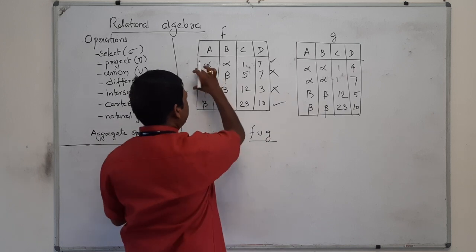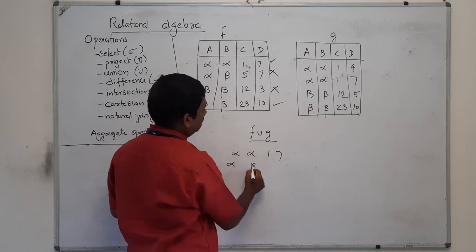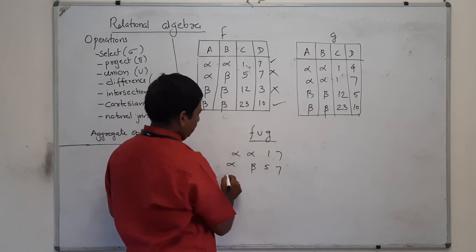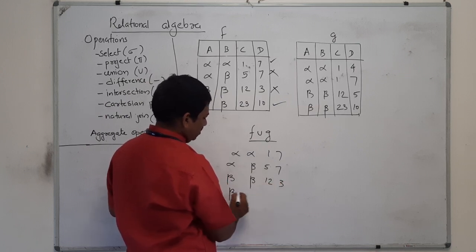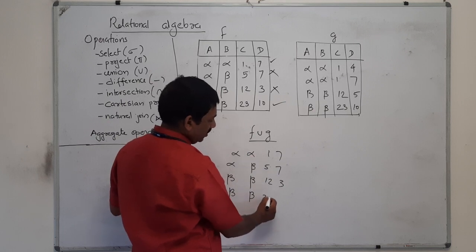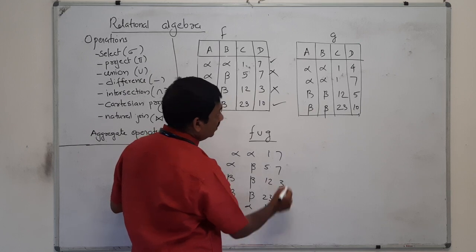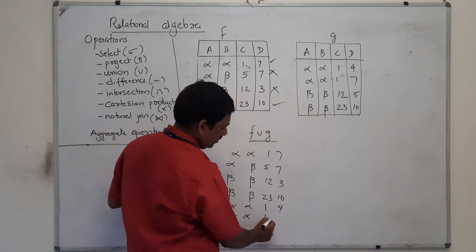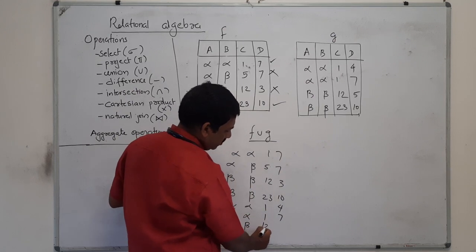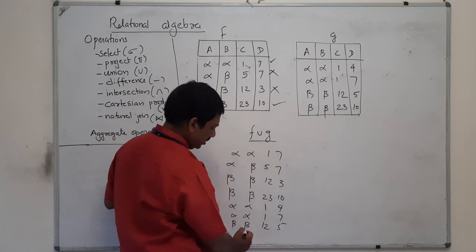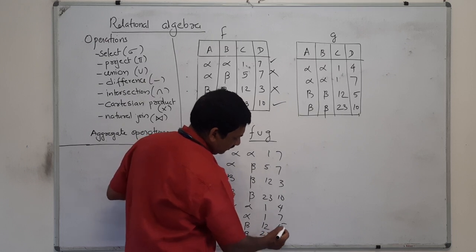That means here four tuples are there: alpha alpha 17, alpha beta 5 7, beta beta 12 3, beta beta 23 10, and alpha alpha 14, alpha alpha 17, beta beta 12 5, beta beta 23 10.